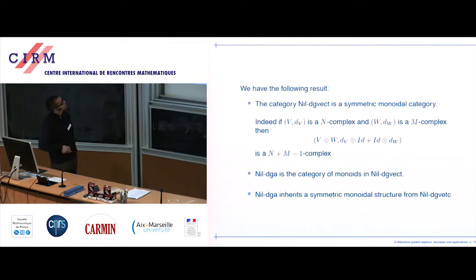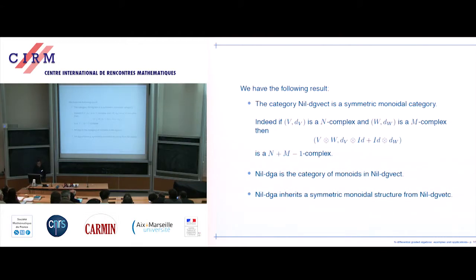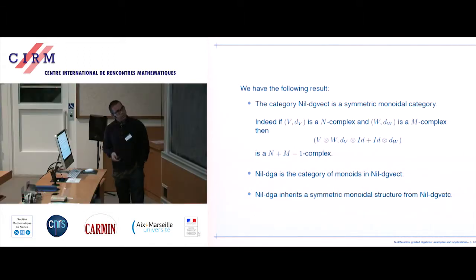If you have an n-complex and an m-complex, you tensor them, and then you get an n plus m minus 1 complex. So an N-differential graded algebra, or nilpotent differential graded algebra, is a monoid inside that category. In this sense, it's a very natural definition from the categorical point of view, and automatically you get a symmetric monoidal structure in that category.